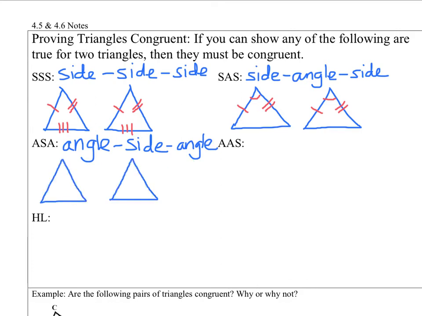So if we've got two angles congruent between these two triangles, and I can also show that the side that's in between the two angles, or the side that has the angles at each end, is the same between the two triangles, then the triangles are congruent by angle, side, angle.